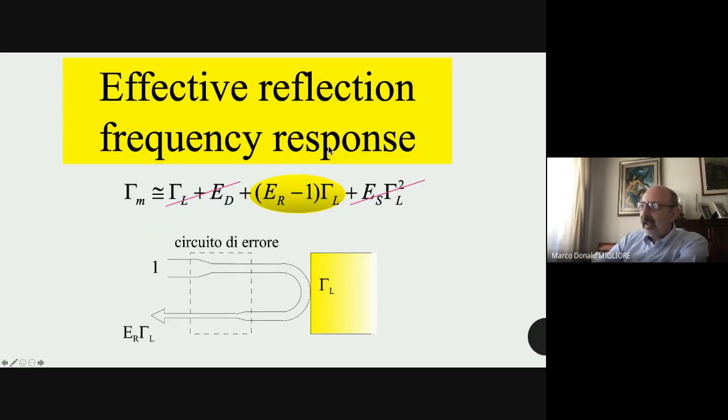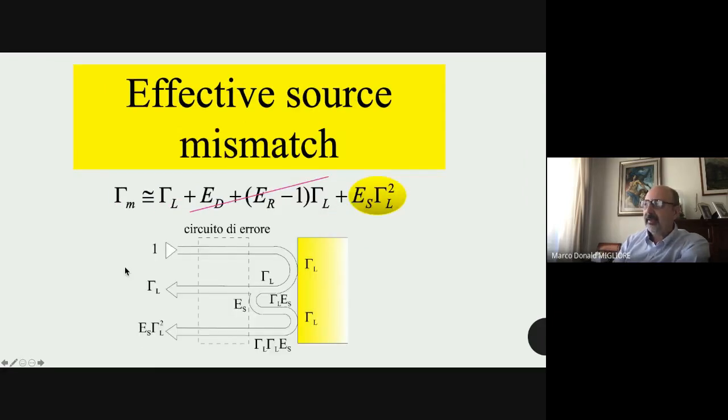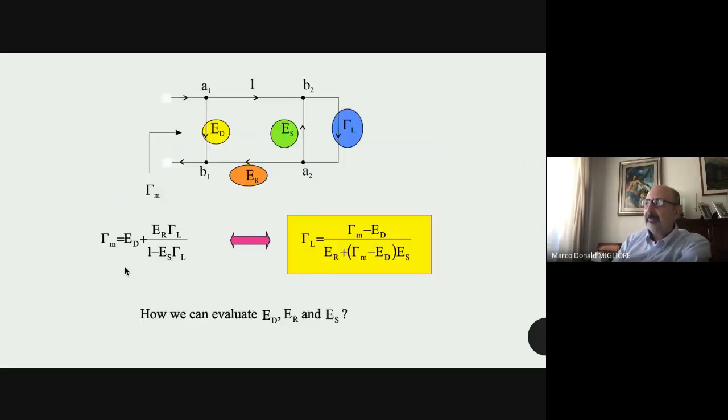Then we have the other errors. Each of them causes an error, of course, in the final measurements. So at the end, what I have is this quantity that is gamma L, M, while I want gamma L. How to solve this problem?